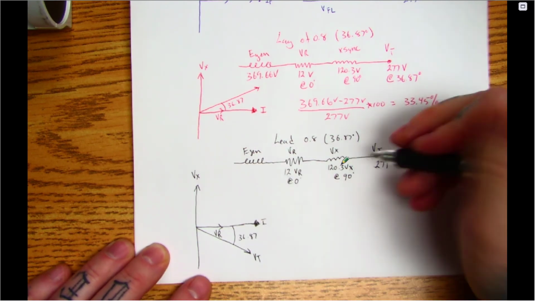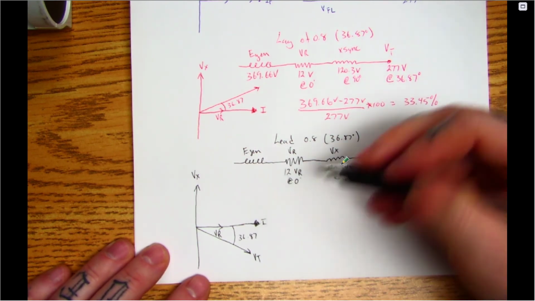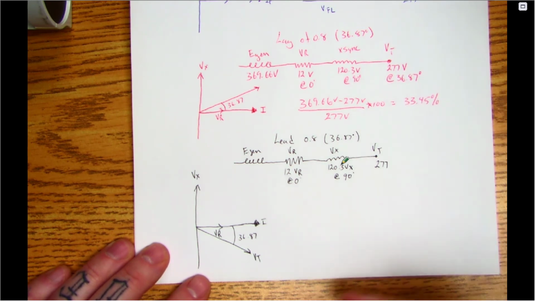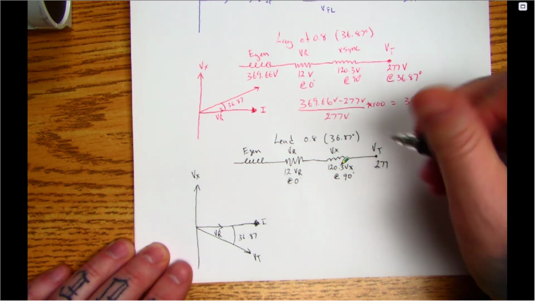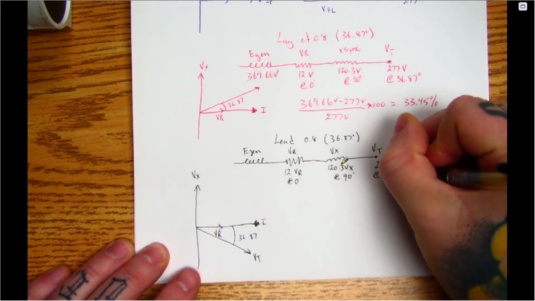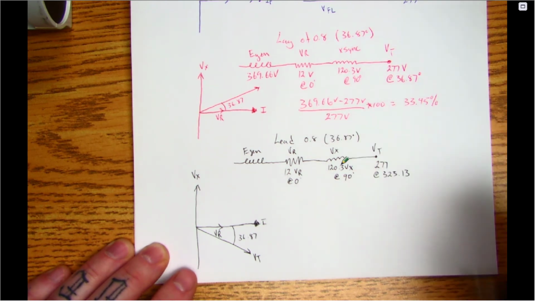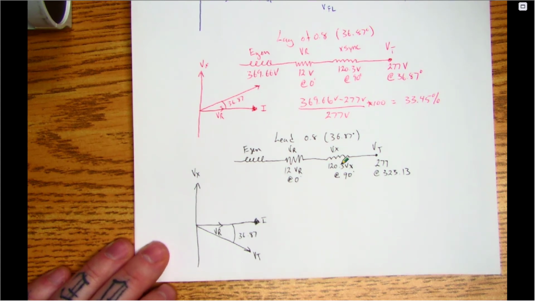When we're adding this, you could say it's at negative 36.87, but I like to reference from 0, so I'm going to say 360 minus 36.87, and I get 323.13. So that's where that guy's sitting now with our lead.